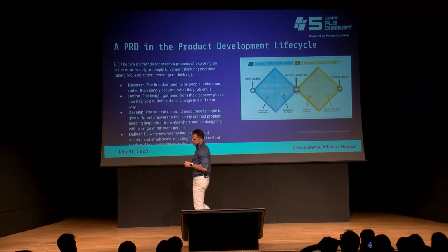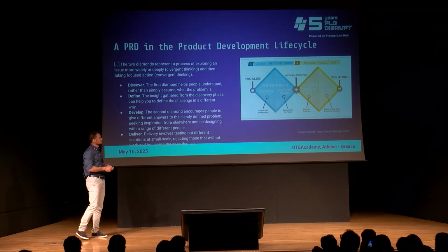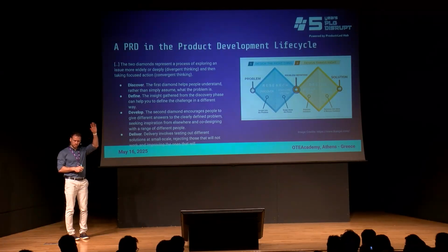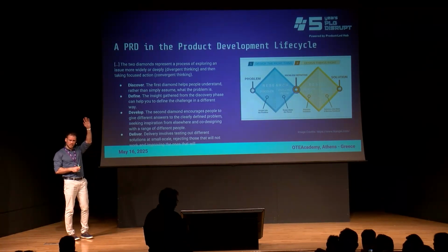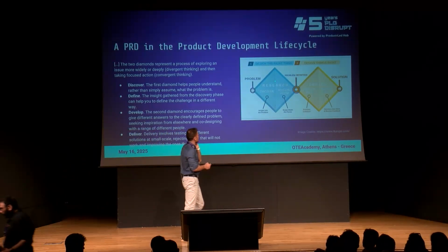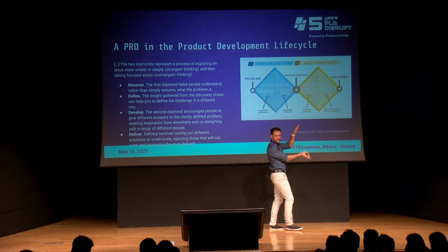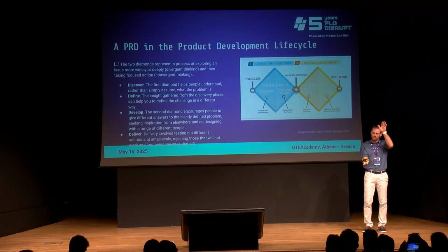And I can try to relate this with the double diamond framework. Do we know the double diamond? Have we seen this before? Okay, great. So this is about scoping. Here, when you see the lines expand, basically you grow the scope, so you see the problem.